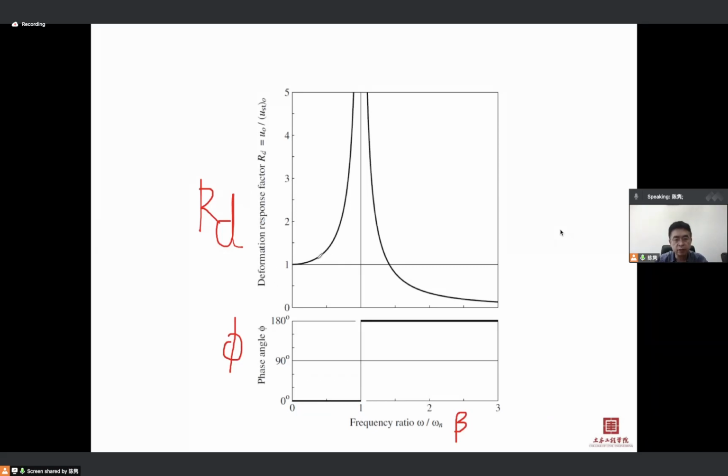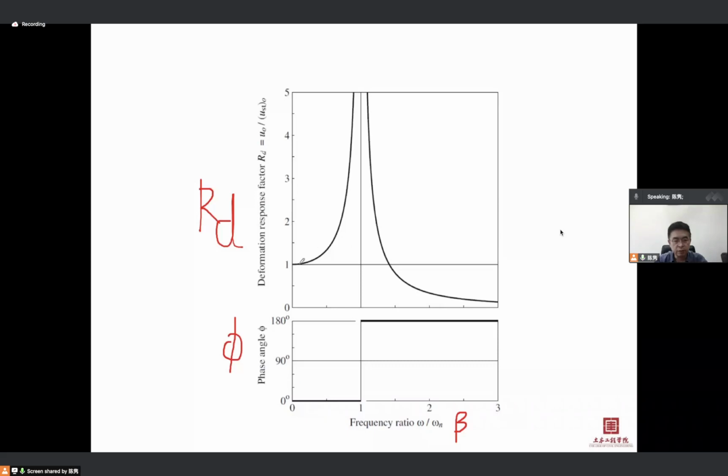So you can see the variation of RD with beta and the variation of the phase angle phi with beta. These two curves are very, very important, especially when we discuss later the system with damping. But now we can first discuss the system without damping.